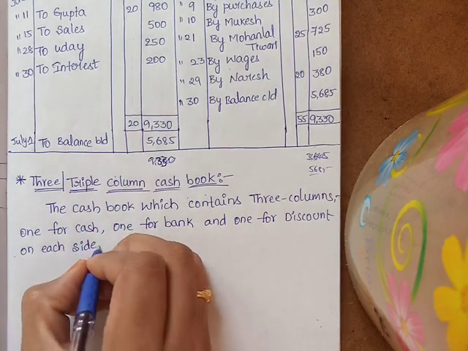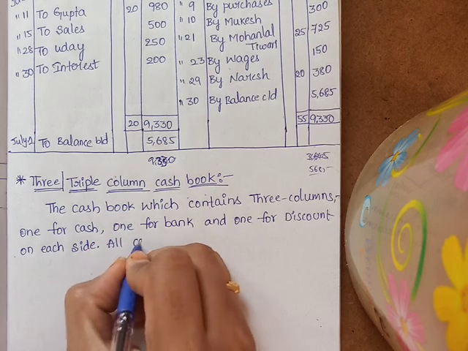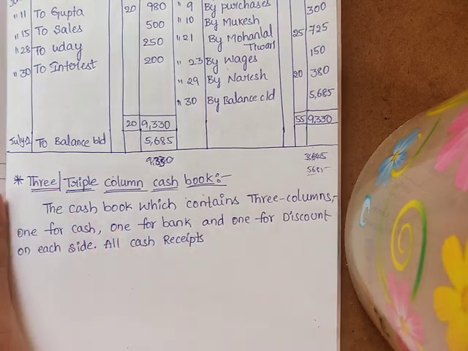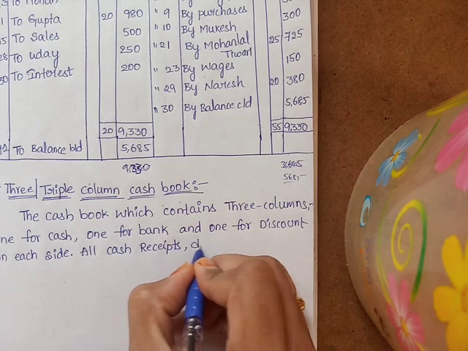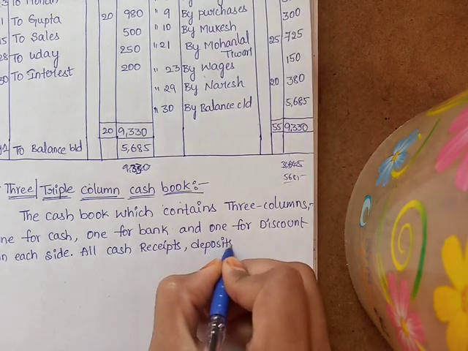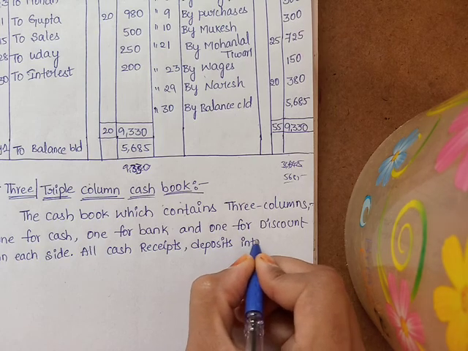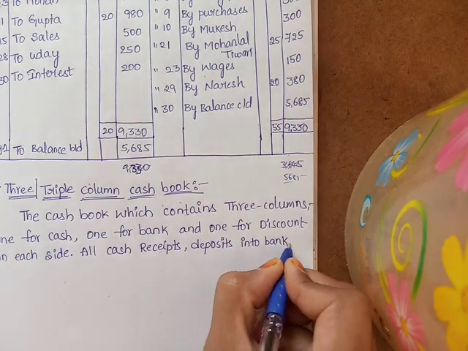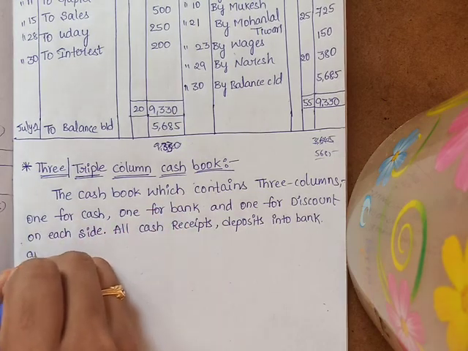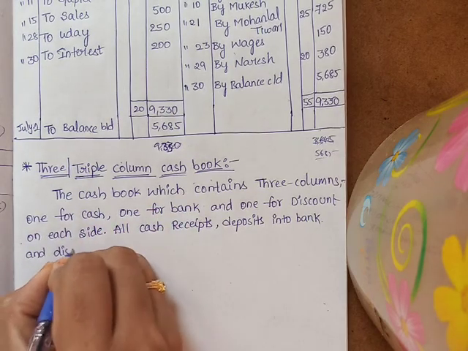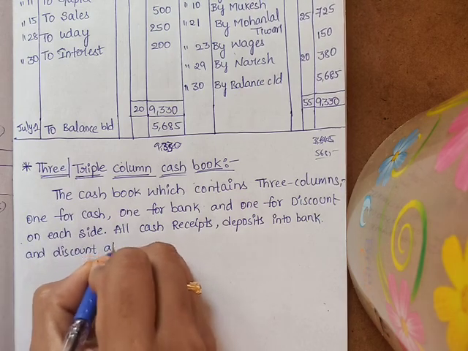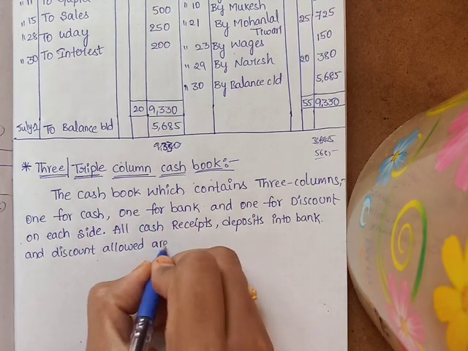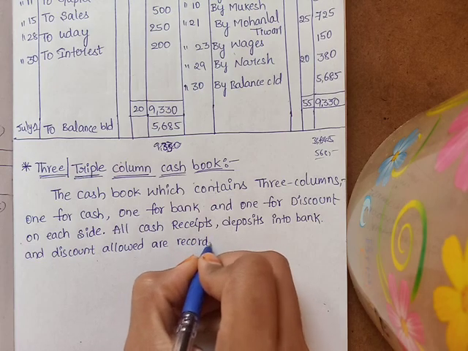So that all cash receipts, deposits into bank, and discount allowed are recorded on the debit side.